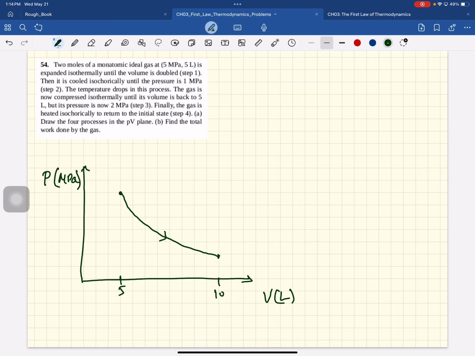Then it is cooled isochorically, until the pressure is 1 megapascal. Isochoric is, volume is held constant. Okay.